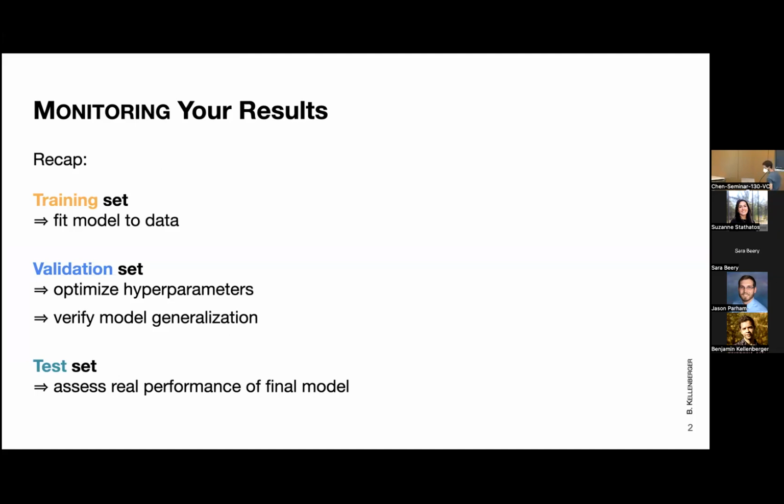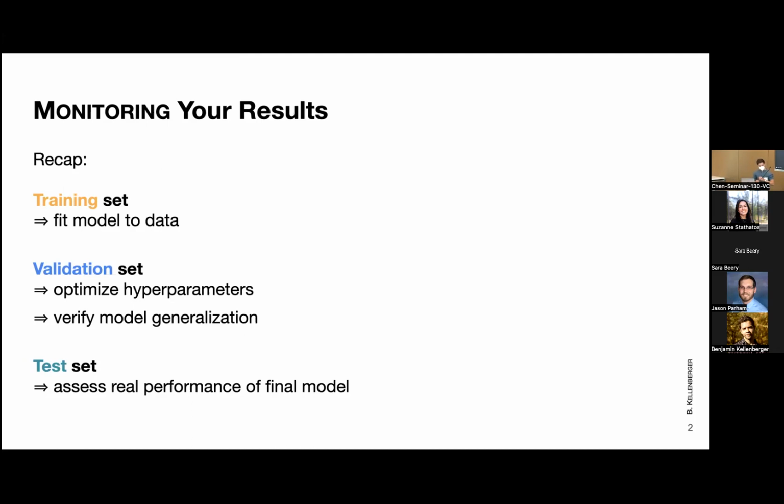Thank you. So let's recap the splits that we made. Again, this is useful and important for every kind of statistical data-driven pipeline. We have the training set where we just fit the model to the data. The validation set we have so far used to optimize the hyperparameters, as I've said in the previous lecture. But this also implies that we want to test the generalization of the model: how well does it perform beyond the training set?